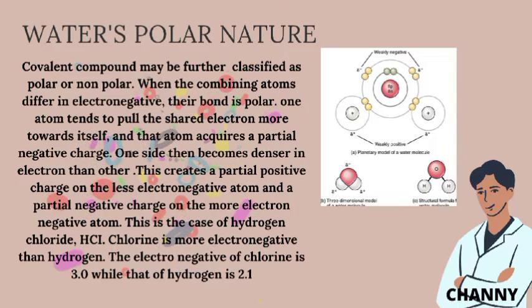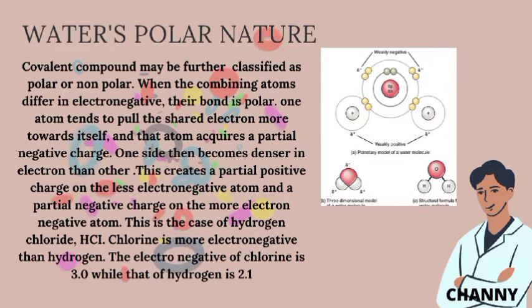One side becomes denser in electrons than the other. This creates a partial positive charge on the less electronegative atom, and a partial negative charge on the more electronegative atom. This is the case of hydrogen chloride.